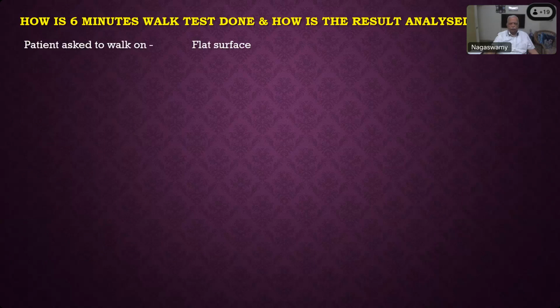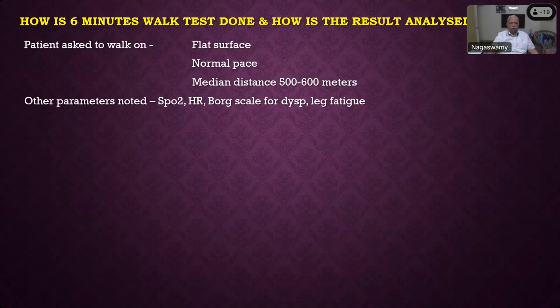There should not be any ramp or any increase in height. It should be a level surface, normal pace. You don't ask him to run or do anything. Whatever his normal pace, he can walk. And a median distance of 500 to 600 meters he should walk. Other parameters noted are SpO2, heart rate, and Borg scale for dyspnea and leg fatigue. These are the 4 parameters that are noted.